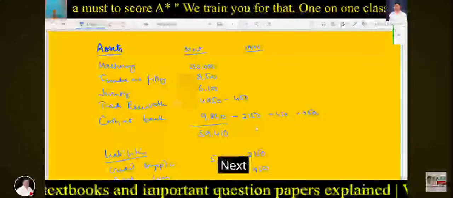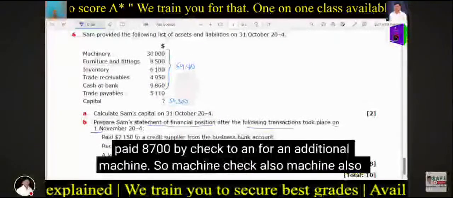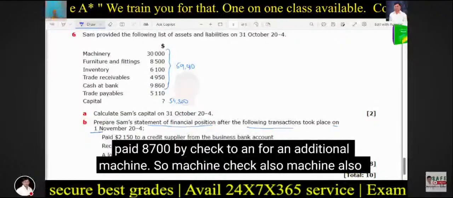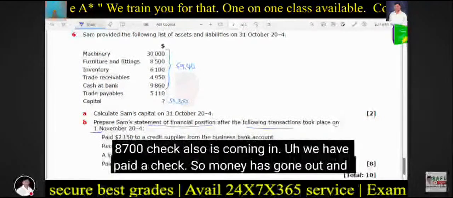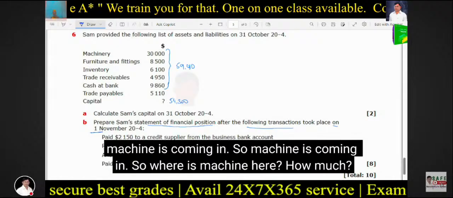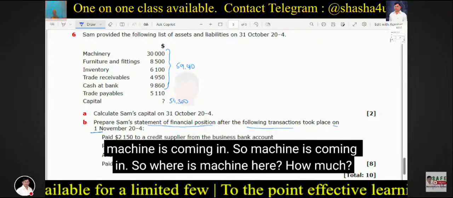Next. Paid 8,700 by check for an additional machine. We have paid by check, so money has gone out and a machine is coming in.